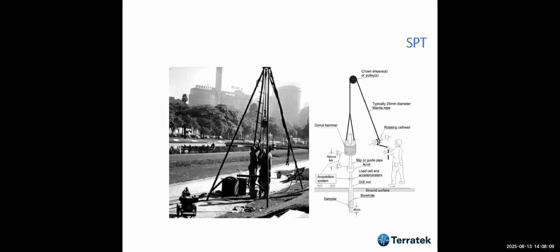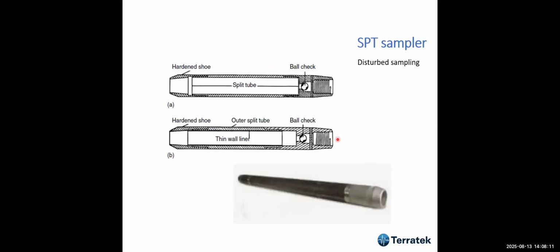Now, what's the SPT? The SPT sampler is a sampler like this. It has an outside diameter of about 50 millimeters. The inside diameter is 35 millimeters, and it is a thick walled sampler. A thick walled sampler disturbs or remolds the sample.